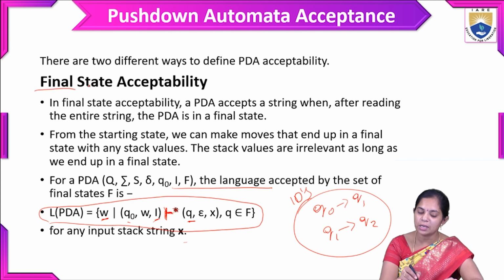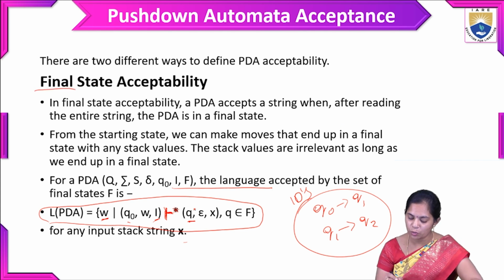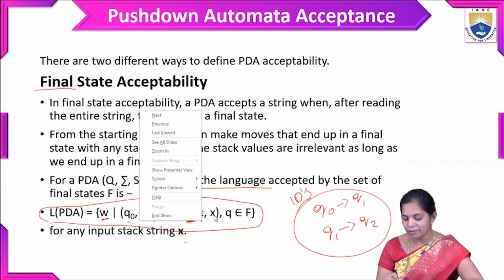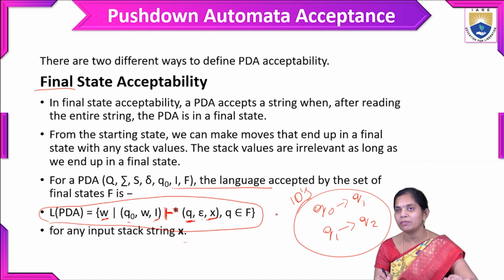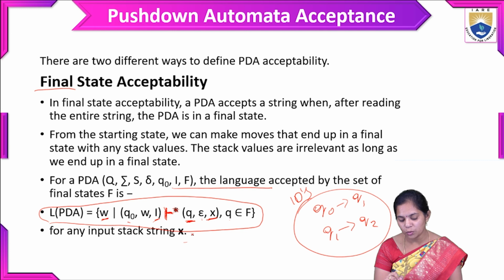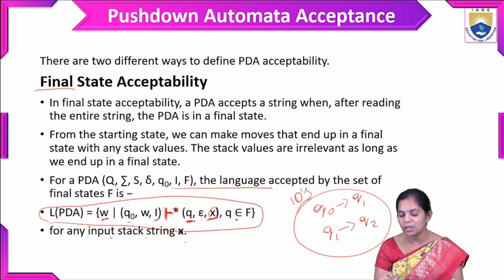turnstile star. And here this is the initial state and this Q is the final state. So why? Because the acceptability is given for the final state. So after all, the last state is the final state, and here the final state has the empty string, X is the top of the stack symbol, and the input string is whatever is left.